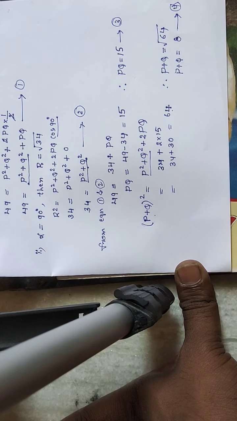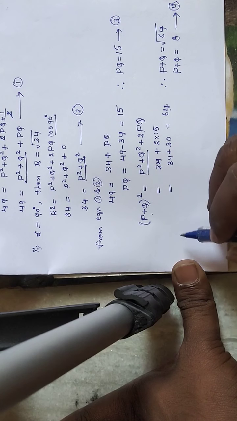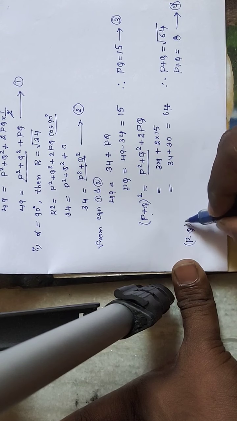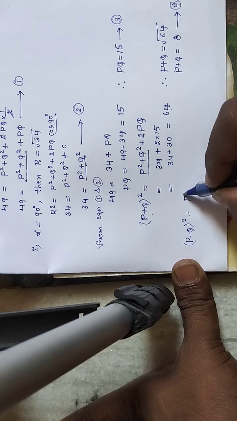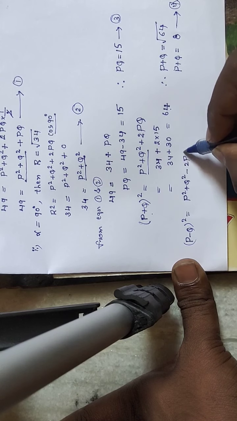So if we get the p minus q value, from p plus q and from p minus q, we can easily calculate the unknown values of p and q. That's why here we are using the (a minus b) whole square formula. So (p minus q) whole square equal to p square plus q square minus 2pq.